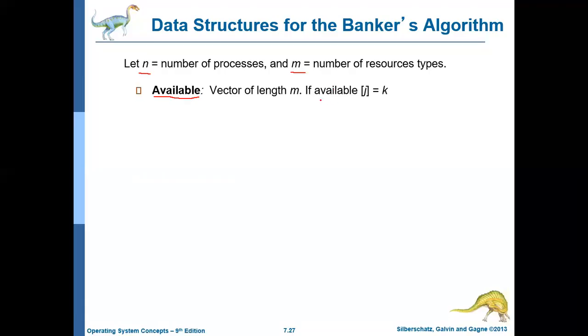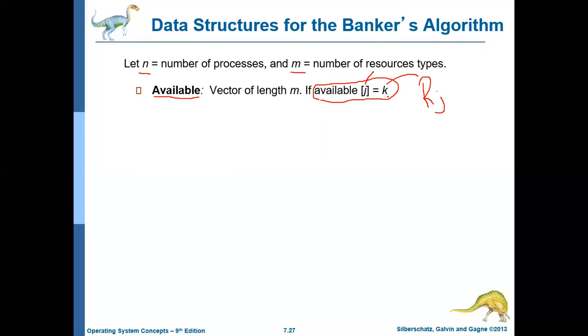If available of j equals k, then what does it mean? It means that there are k instances of resource type j currently available with the operating system.